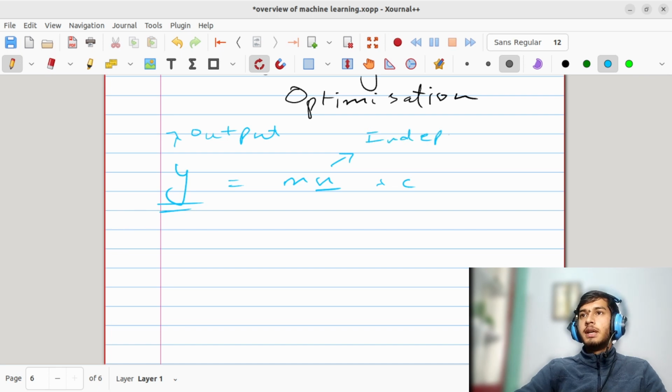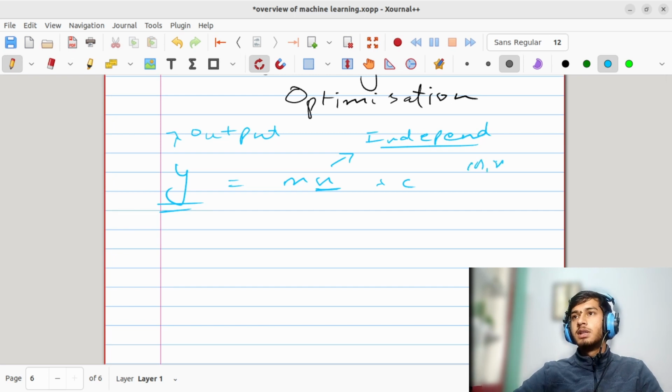In this example it is 1, but most of the time, here in this case we have 5, so it will be like m1x1 plus m2x2 plus m3x3, for however many independent variables we have. And c is your bias, a certain fixed value.